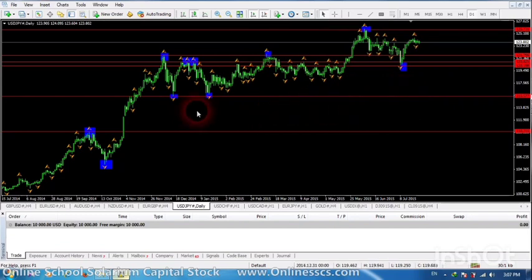So the red lines that I have identified are your pivots. For example, if the price is declining and it reaches these pivots, close to the pivots I have highlighted with a line, it's going to retrace and go up.